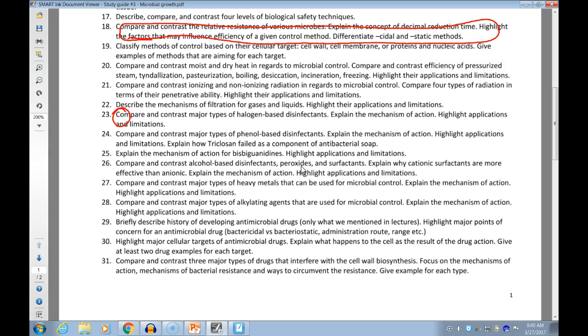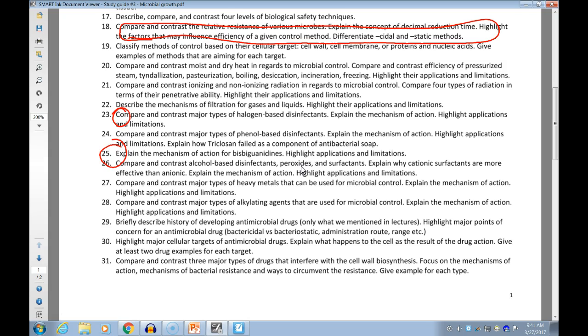Be able to explain why triclosan was not effective. Bisbiguanidines, that's a fancy word for chlorhexidine. That's what you gotta know. Chlorhexidine. Effective disinfectant that can be used in surgery, OBGYN, nursing homes, and so on and so forth.